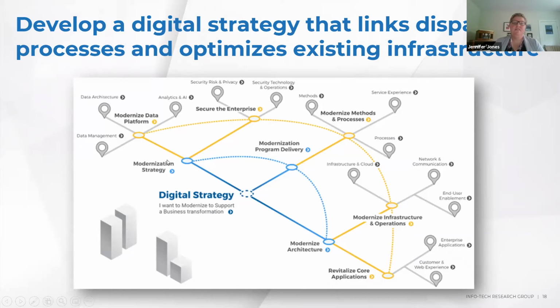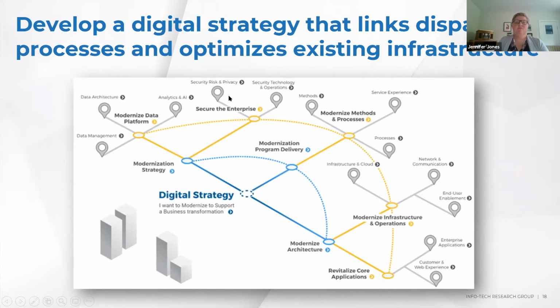And so in this thought model, what we're presenting here is an aspiration to modernize, support, and business transformation. And so we want to evaluate all of the different outcomes and areas that would be affected by a digital strategy. So from an analytics and BI and data architecture perspective, what does modernizing the platform have, and what impacts would that have on your existing workflows and models?